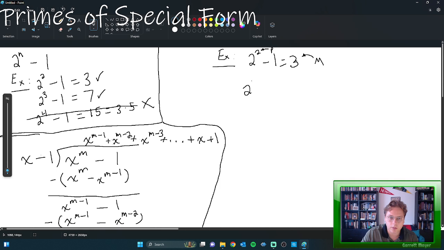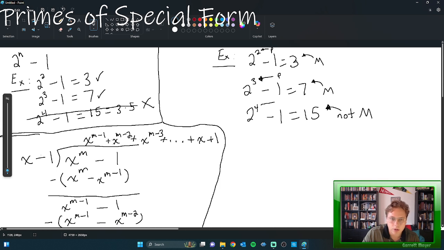Now let's go to the next number, 2 cubed minus 1. That equals 7. 7 is a Mersenne prime, so 3 must be a prime, and we see that 3 is a prime. Next number, 2 to the 4 minus 1 is 15. This is not Mersenne, and as a result, 4 could be composite or could be prime.